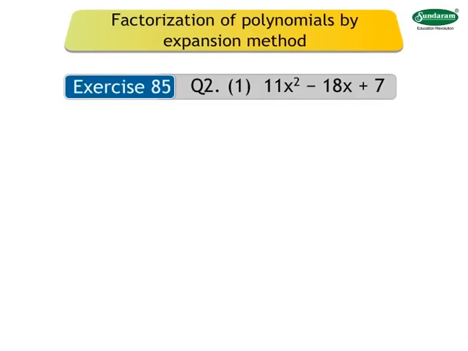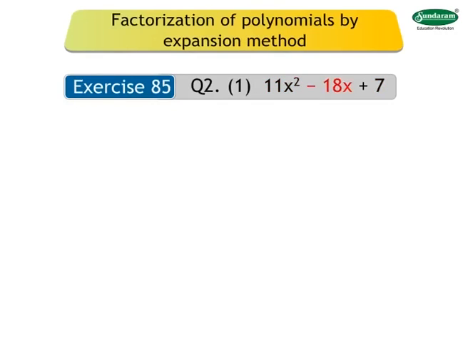I hope you remember. While factorizing a given trinomial, we should look for two factors of the product of the first term and the last term, such that their sum is equal to the middle term. Here the middle term is minus 18x.